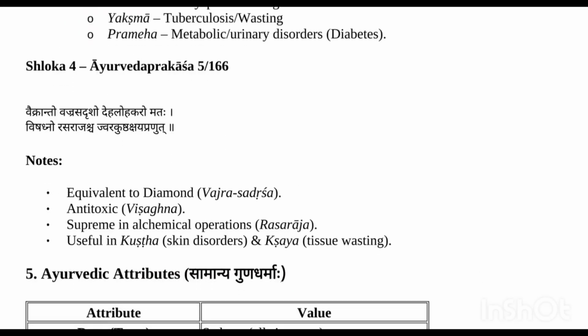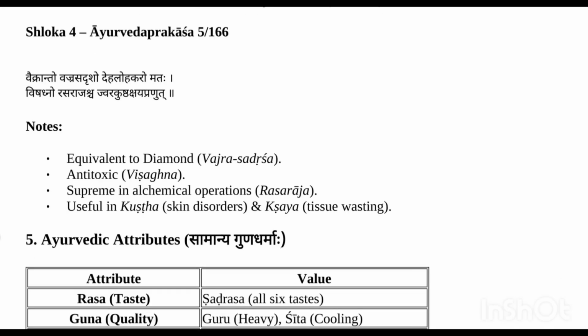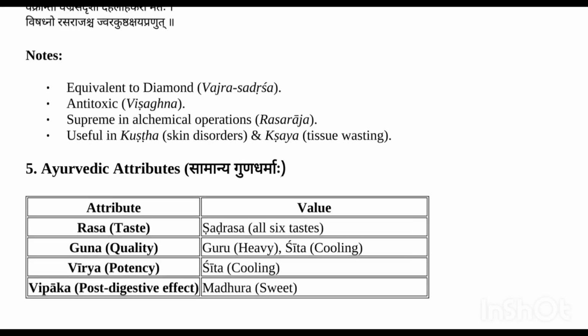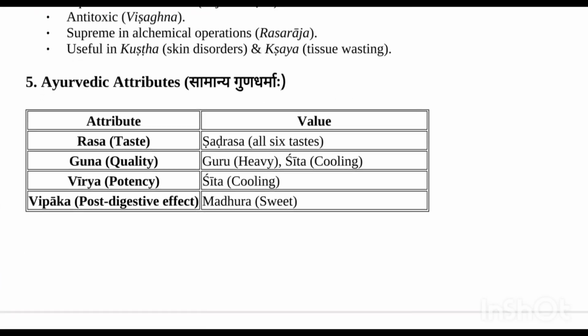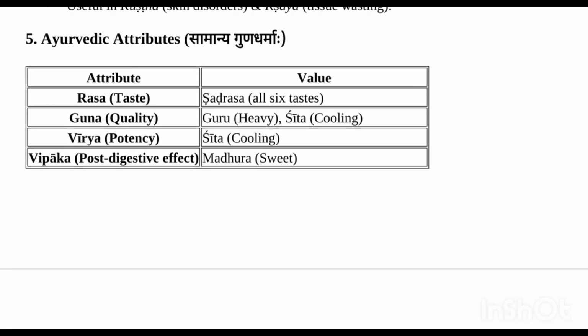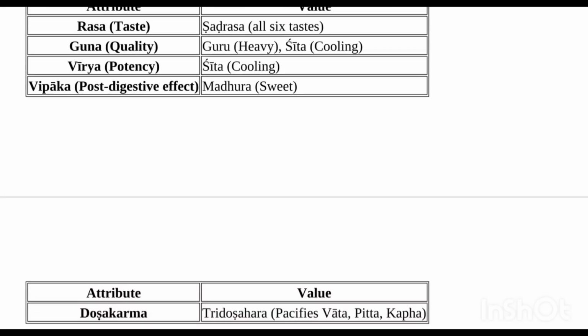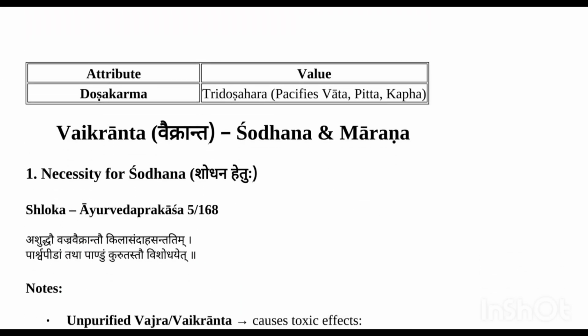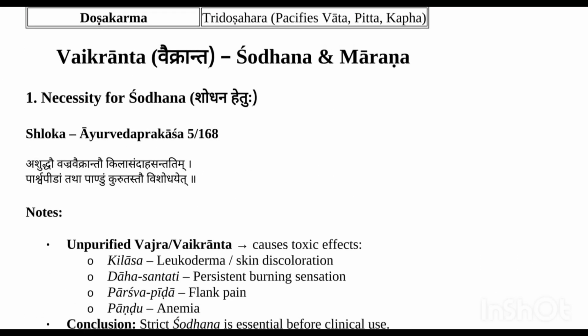Also in Ayurveda Prakash, Vaikrant is explained as equivalent to diamond, with Vishagna and Rasaraj properties, and use in Kushtha and Kshaya. Ayurvedic attributes of Vaikrānta are Shadrasatmak, Guru and Shit Gunatmak, Shita Virya and Madhur Vipaki, and Tridoṣaghna properties.